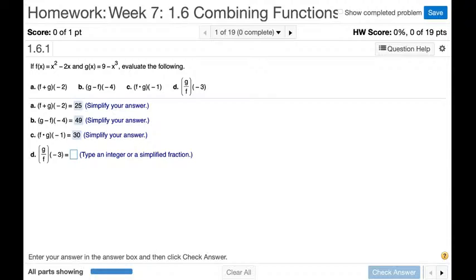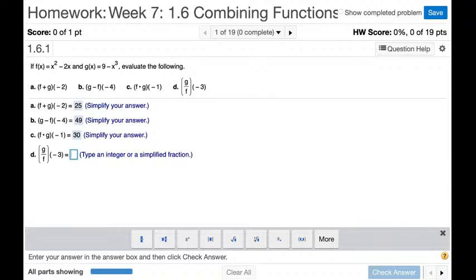Nope. 9, 27. 27 plus 9, 27, 37, 36. 36 divided by 9 plus 6 is 15. 36 divided by 15. These are at least both divisible by 3. If we divide the top by 3, we'll get what? 12. The bottom by 3, we get 5.